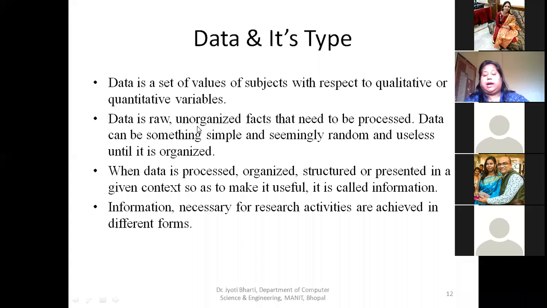Data is raw, unorganized facts that need to be processed. Data can be something simple, seemingly random and useless until it is organized. When data is processed, organized, structured, and presented in a given context so that it becomes useful, it is called information.